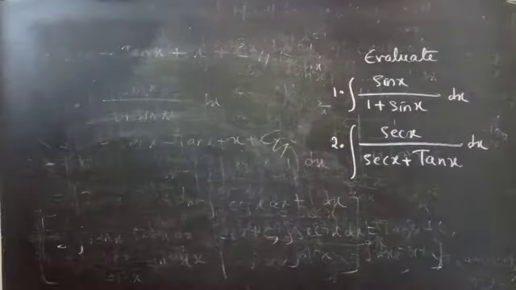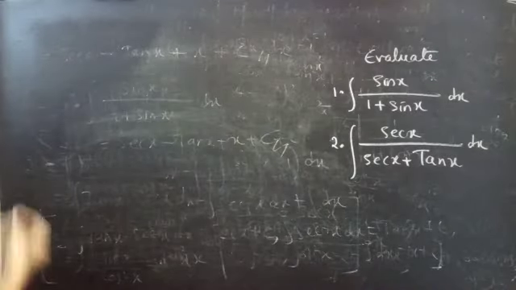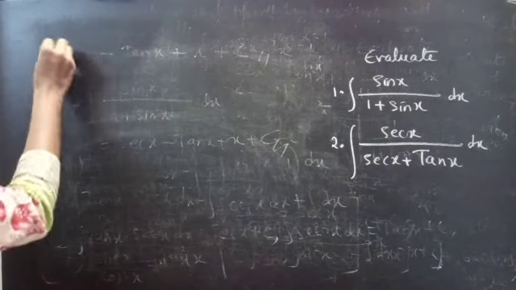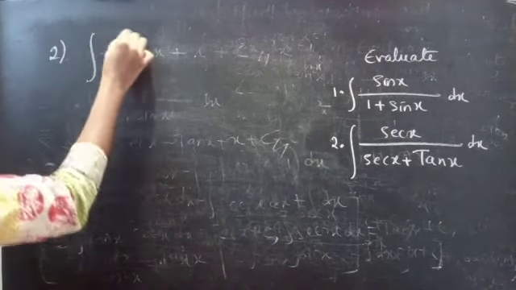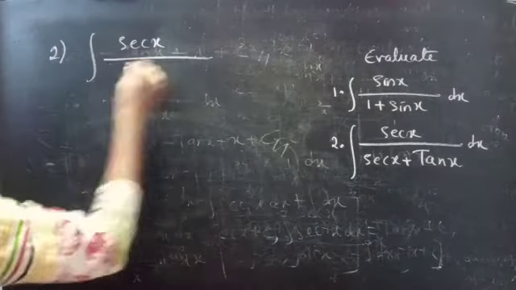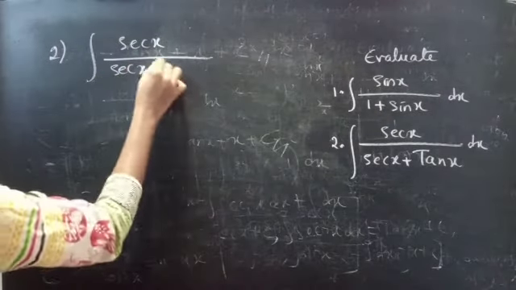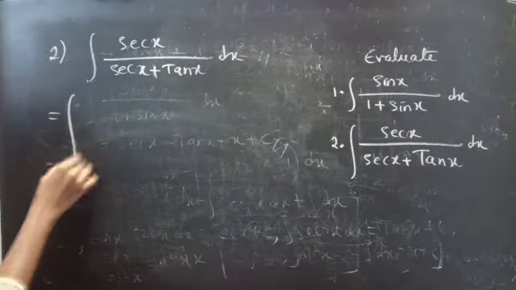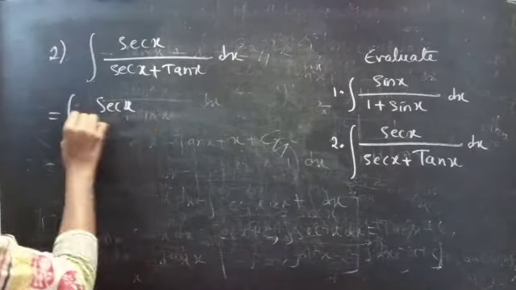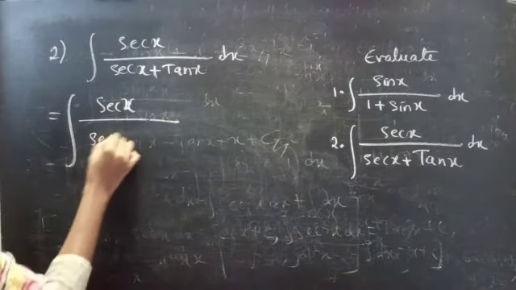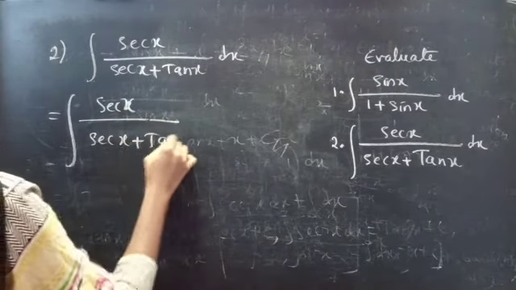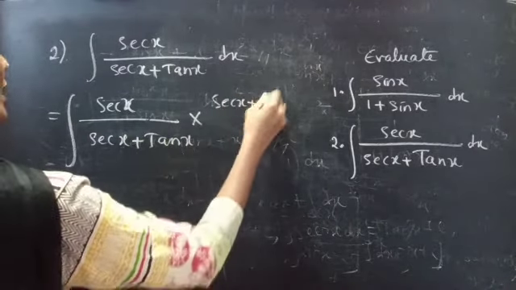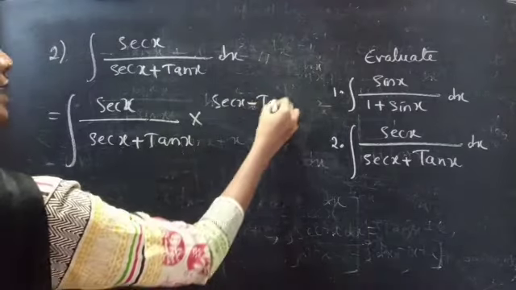Now coming to the second problem: evaluate the integral of secant x by secant x plus tan x, dx. Here also we are going to rationalize the denominator by multiplying and dividing with secant x minus tan x.